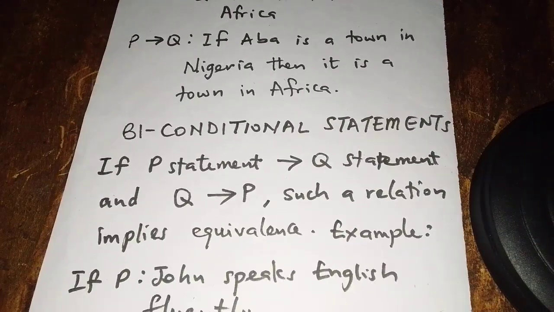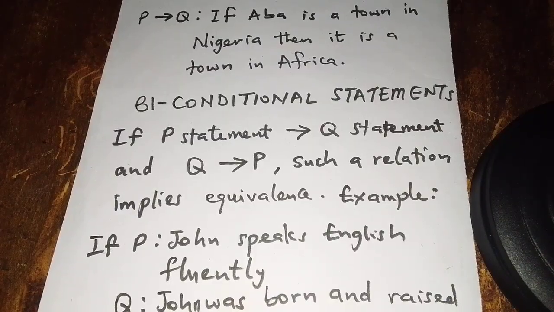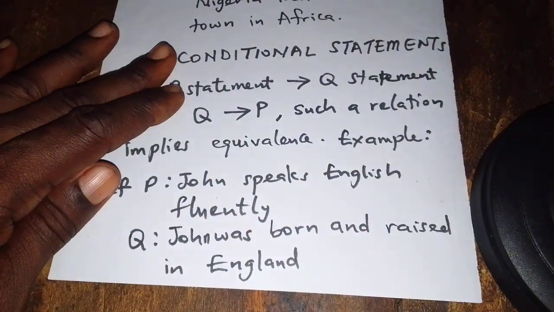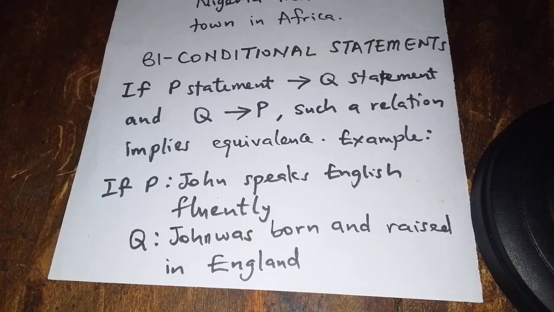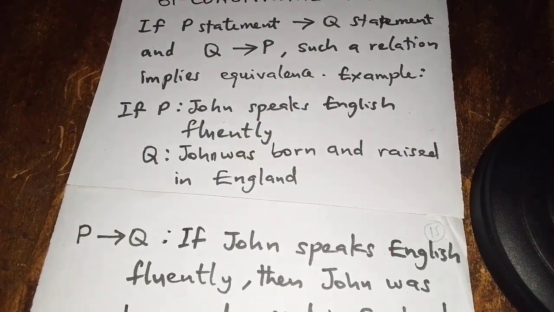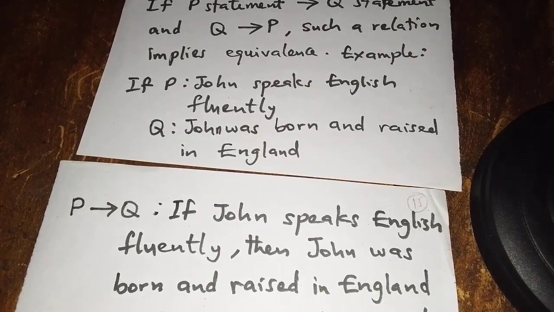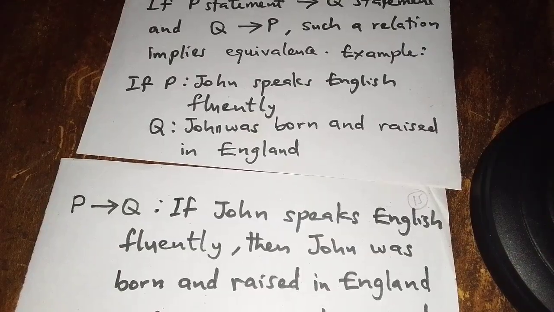For example, P represents John speaks English fluently and Q represents John was born and raised in England. So if we want to say P implies Q, that is, if John speaks English fluently, then John was born and raised in England.